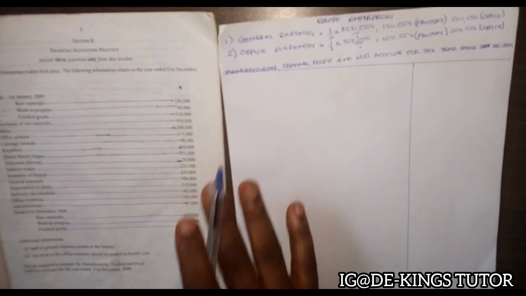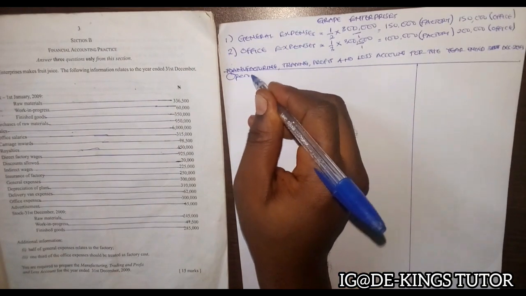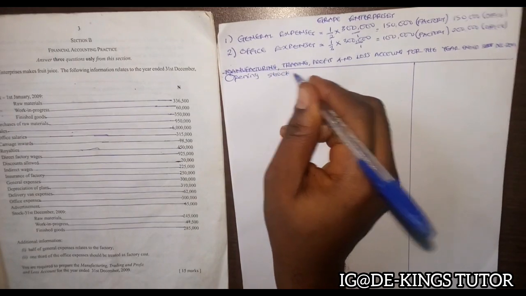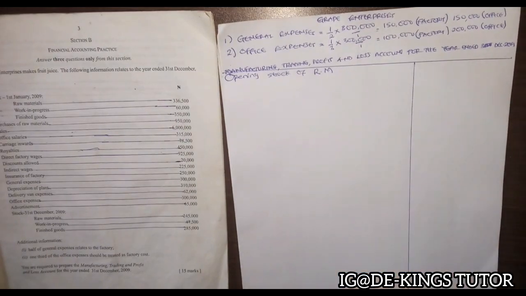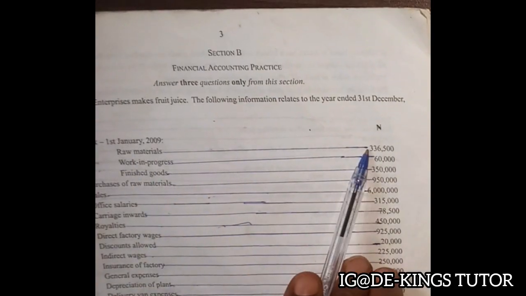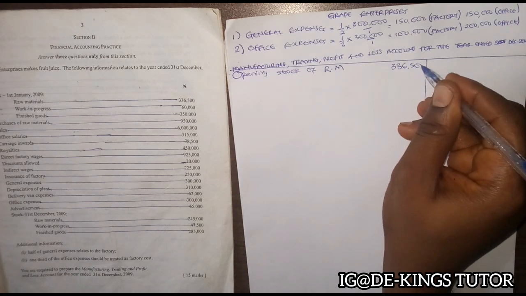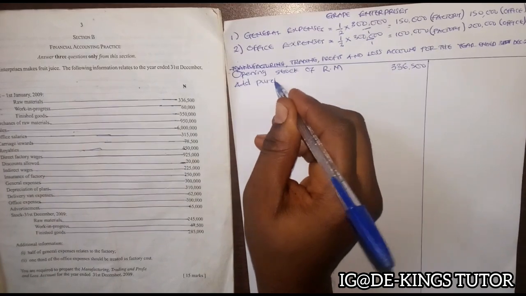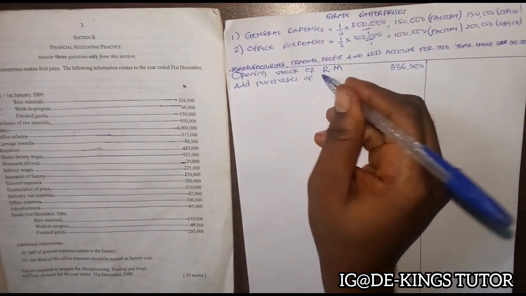Now if you're conversant with manufacturing account, the first thing I'll come here is opening stock of raw materials. So this opening stock of raw materials 336,500. So the next one we said add purchases of raw materials.